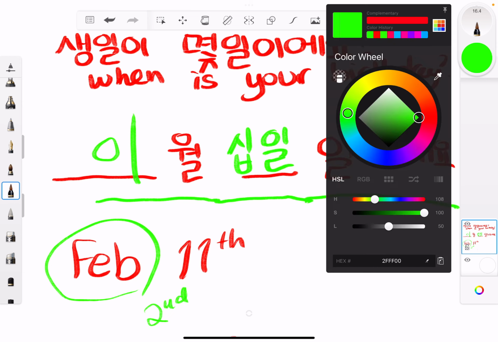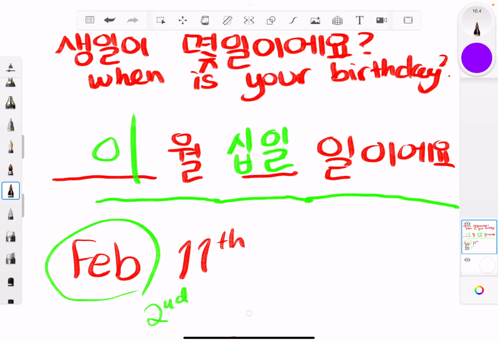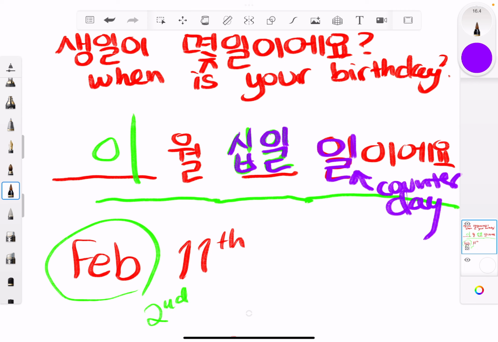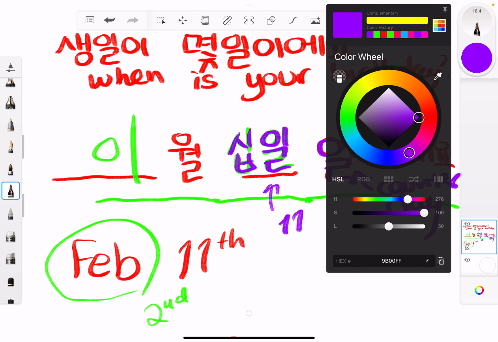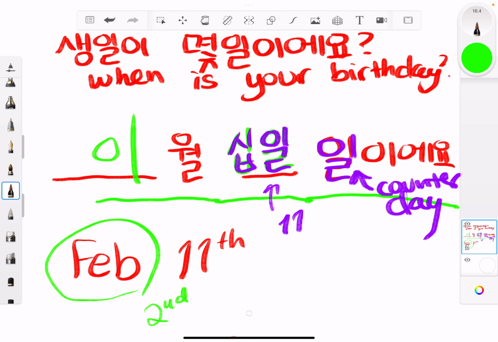It's very, very important that you say 일 and 일, because the second 일 is the counter for day, and the first indicates it's the 11th. Otherwise, if you just say 일 once, then it's going to be February 10th instead of 11th.